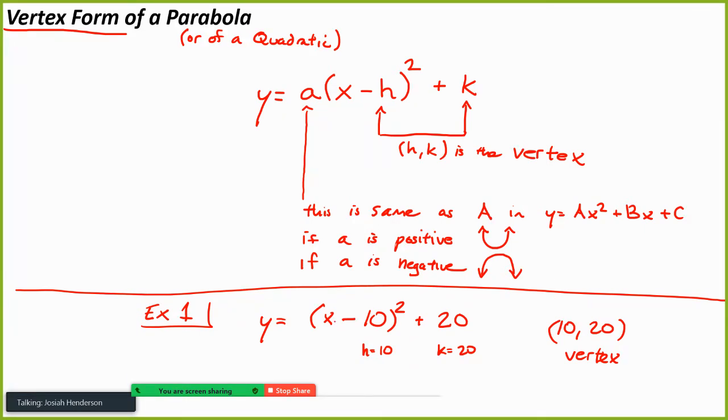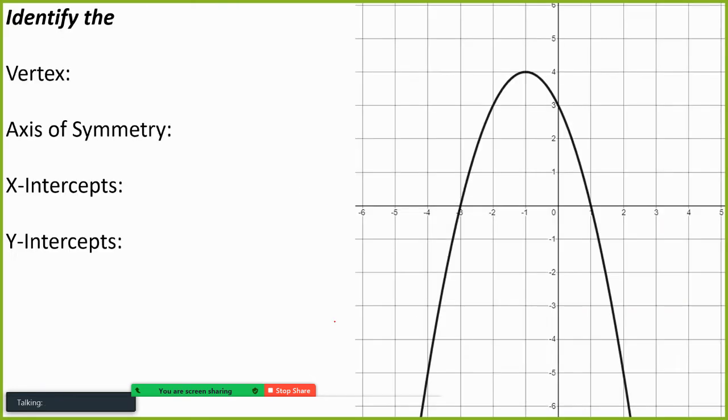For this next part, I've got another parabola graphed, and I'd like you to just examine this with me, instead of copying it down, and see if we can identify the vertex, the axis of symmetry, and that's always going to be, I didn't mention this earlier, a line, x equals some number, okay?